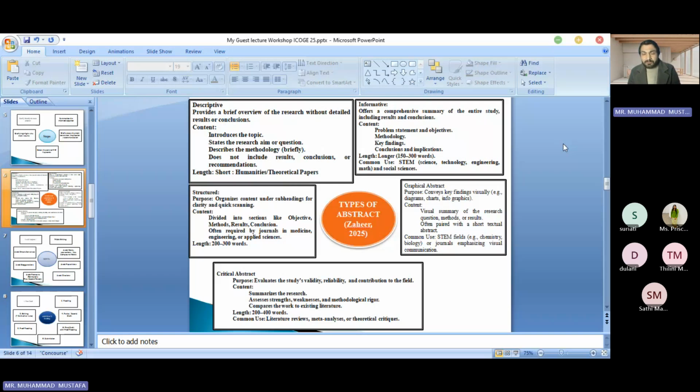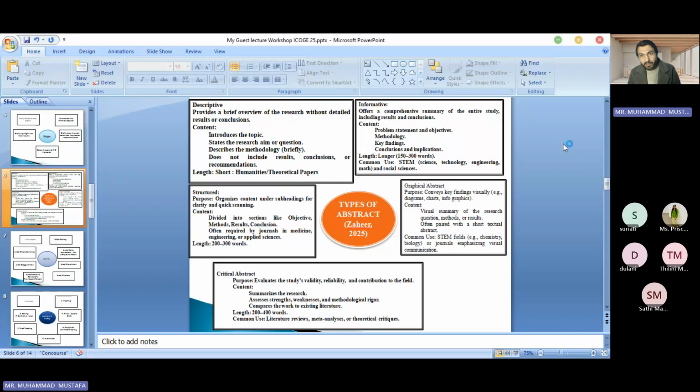Okay, the next type of abstract is called the graphical abstract, and it conveys key findings visually while presenting diagrams, posters, charts, and graphs.